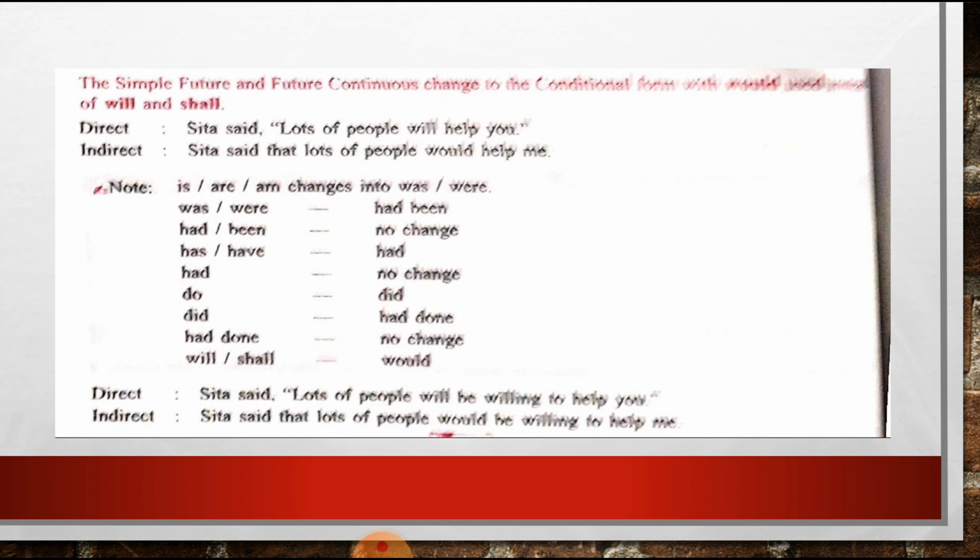Will and shall change into would. You need to remember this. Direct: Sita said, "Lots of people will be willing to help you." Indirect: Sita said that lots of people would be willing to help me. Will is changed into would, and you changes into me.